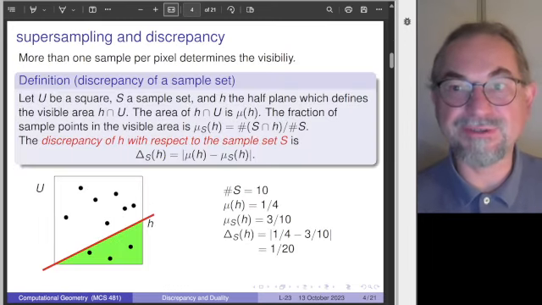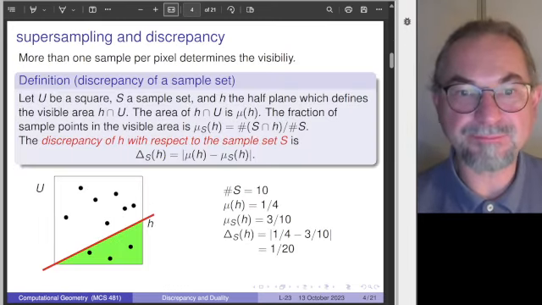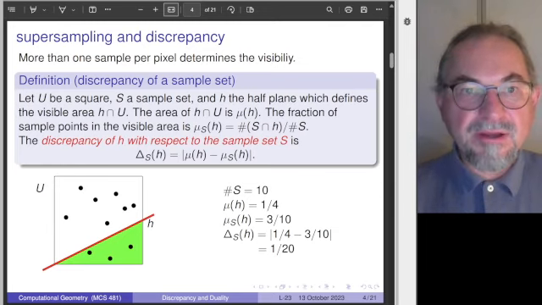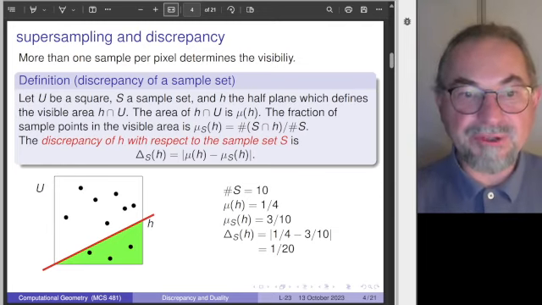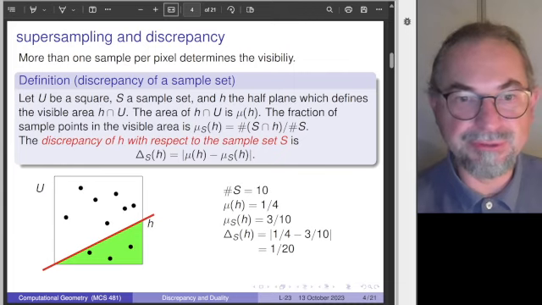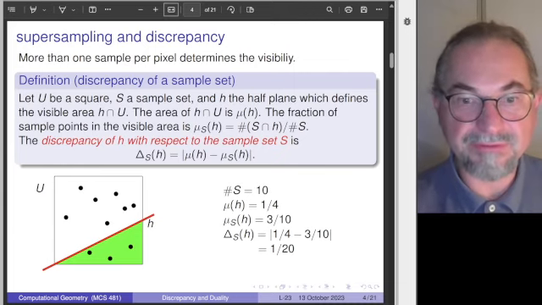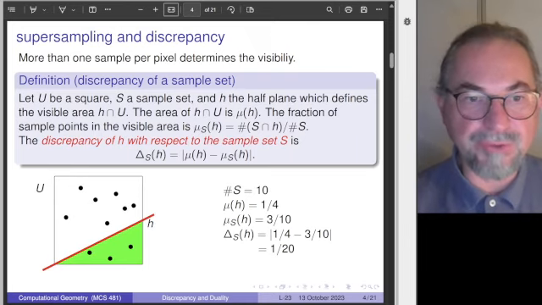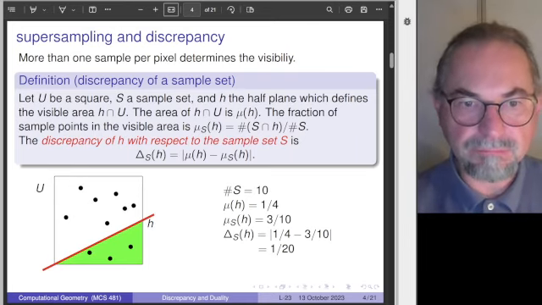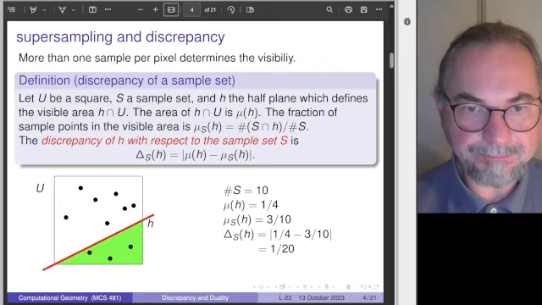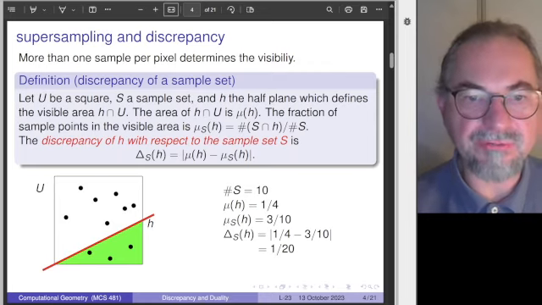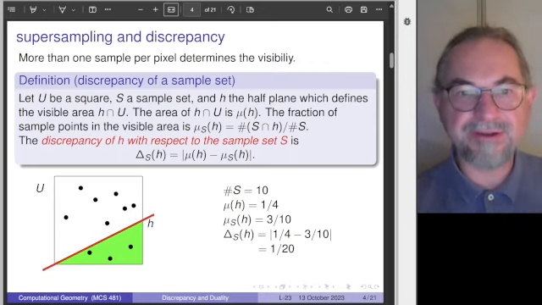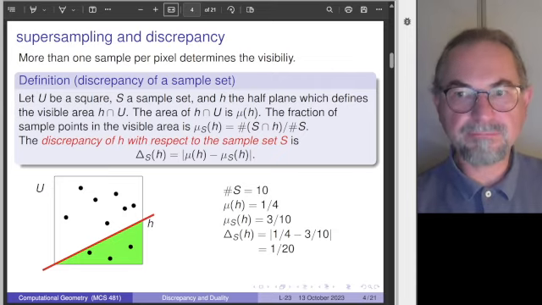Okay, so let's turn this into a mathematical problem now. Perhaps I should first point you to the picture here. After all, this is a course in geometry. We look at pictures. So we have a unit square. We have dots in there, and we have a red line, and we look at the area now below the red line.